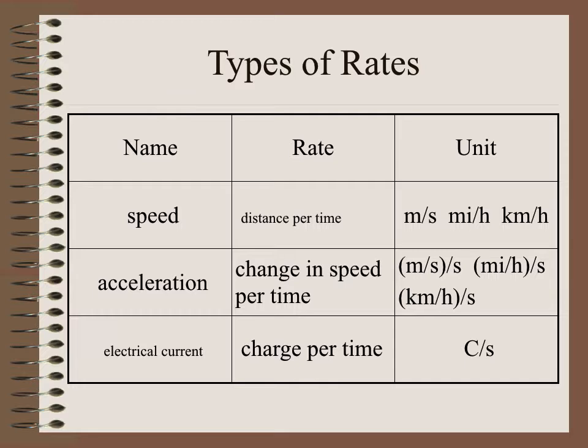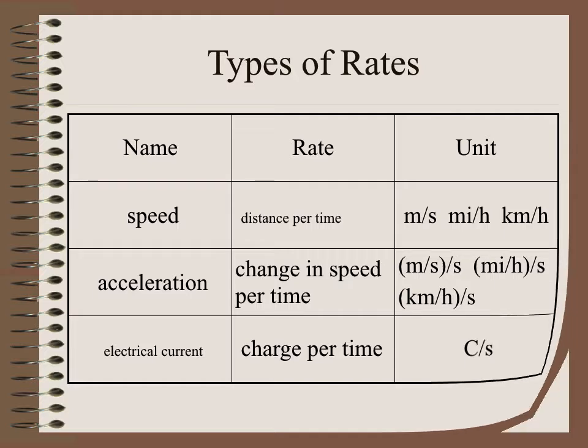Acceleration is a combination of rates: meters per second per second, miles per hour per second, or kilometers per hour per second. An electrical current is charge flowing per time, so that's coulombs per second. You can always tell a rate because you have that division, per, and then a time unit: hours, minutes, or seconds.